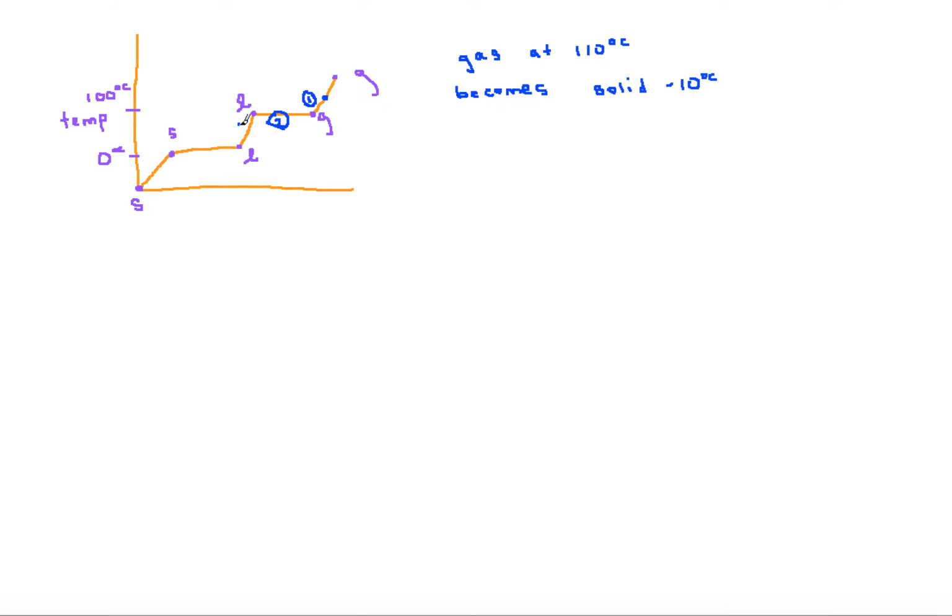So that's going to be your step 3. Then I'm going to go from a liquid at 0 degrees to a solid at 0 degrees. So that's step 4. And then the last step is going from a solid at 0 degrees to a solid at, let's say, negative 10 right there. So that's step number 5.